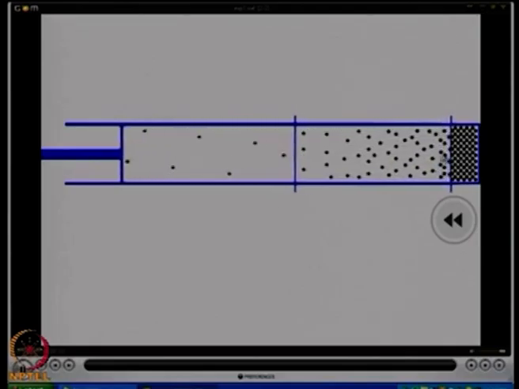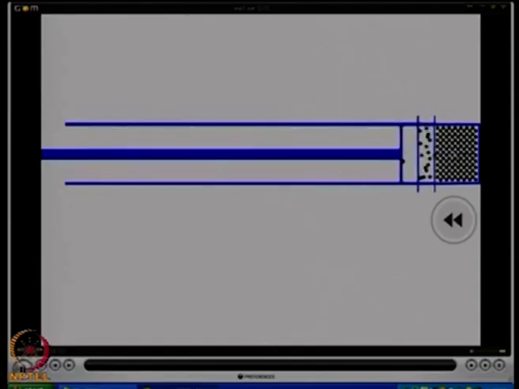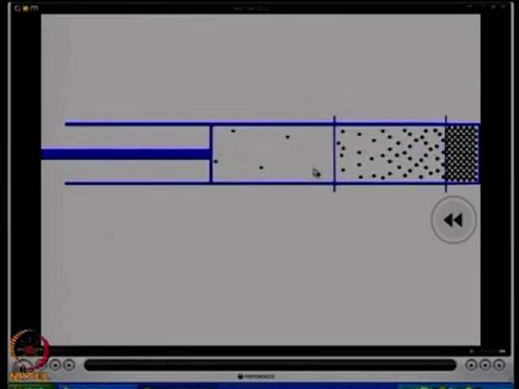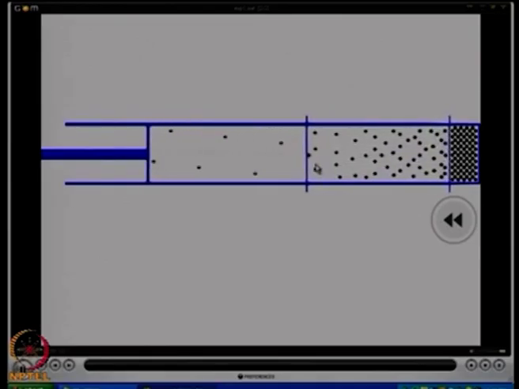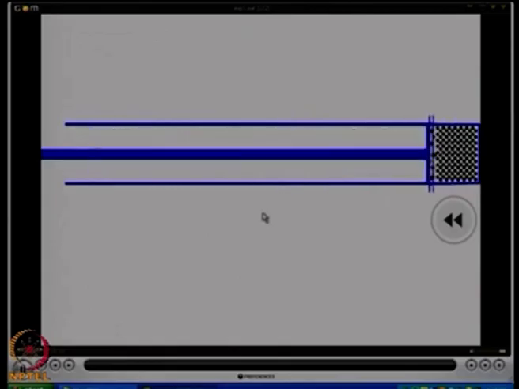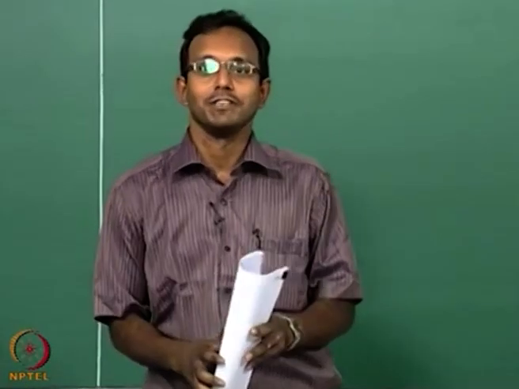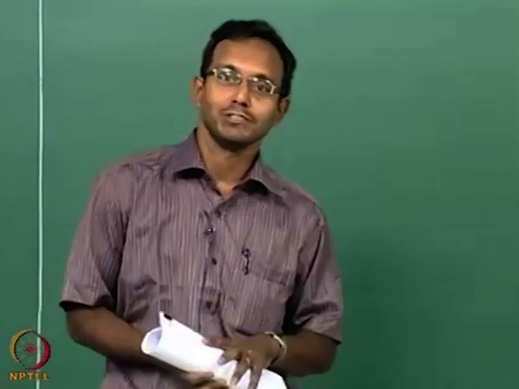We did not write expressions for the density variation inside the expansion waves. We did that only for moving shock cases. We did not do this for moving expansion fan analysis. But we will use the result from such an analysis. We will not worry about deriving that in our class, because I think it is too much of a derivation. It needs a lot of acoustics expressions to be solved.